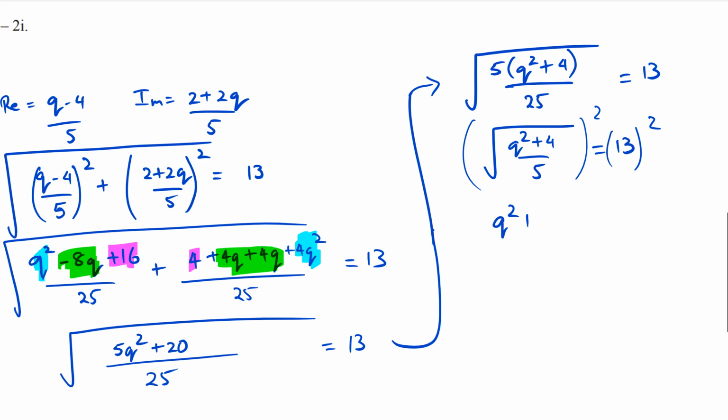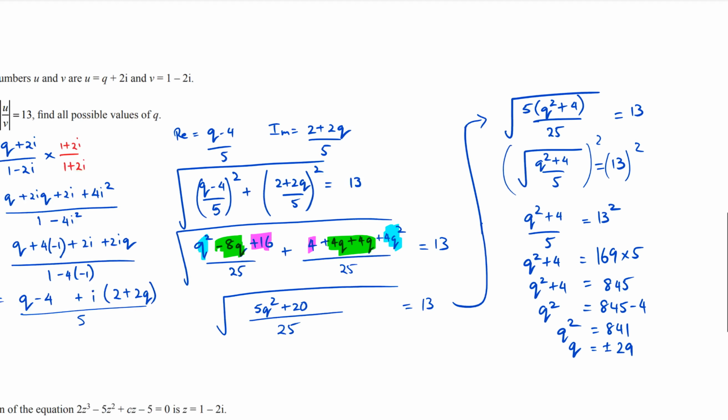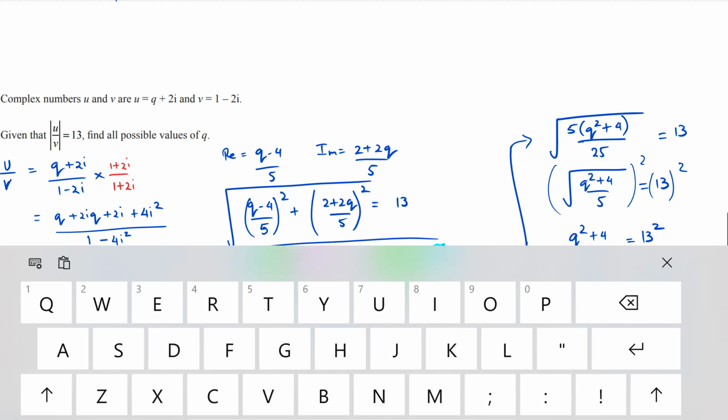I'm going to get q squared plus 4 over 5 is equal to 13 squared, which means q squared plus 4 equals 13 squared, 169, times 5. So q squared plus 4 is equal to 845, and then q squared is equal to 845 take away 4, which is 841. And then I can say that q is equal to plus or minus 29, which is the square root of 841. So as I said to you guys, I think I did this in a very long-winded way.